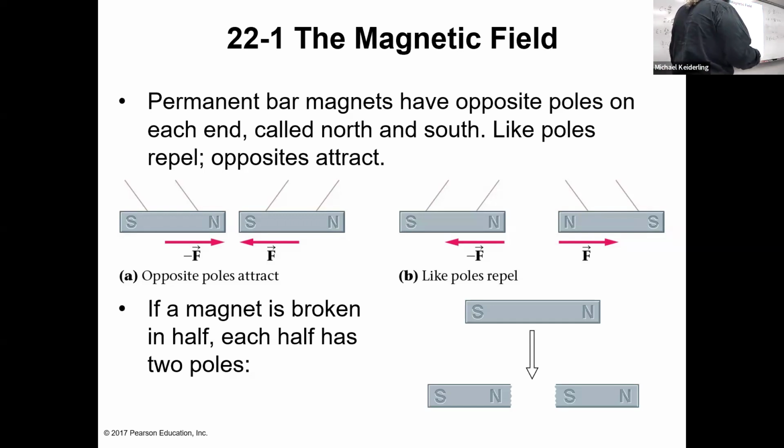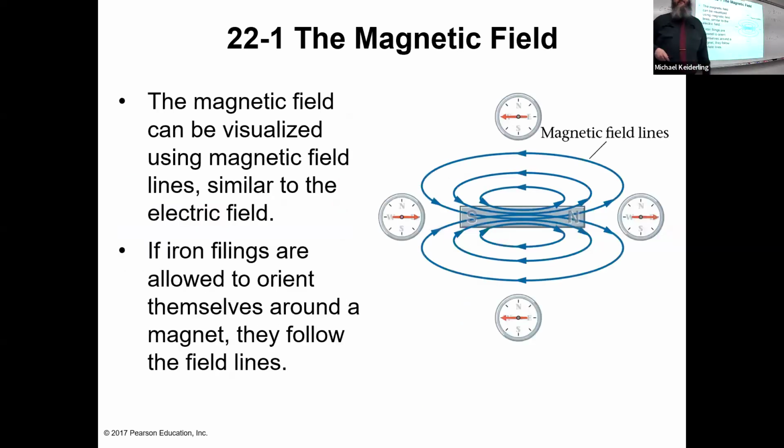It makes loops. We can visualize the magnetic field with magnetic field lines, similar to the electric field. You can draw them in the direction a compass would point, because a compass is just a magnet that identifies the direction of a magnetic field.